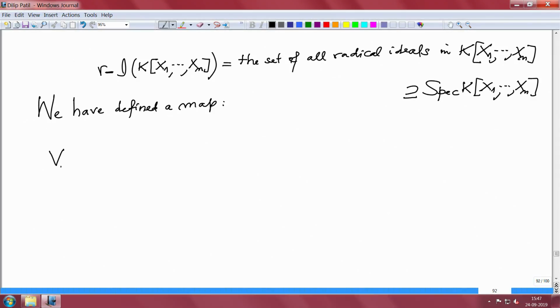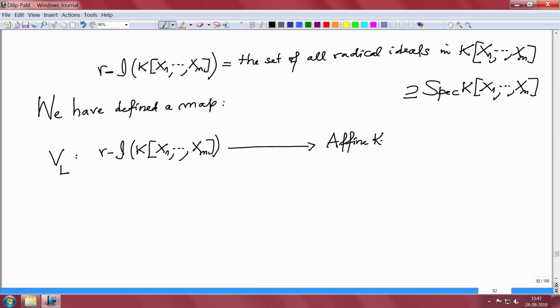V_L, this is a map from R.I. of k[x1, ..., xn], the set of all radical ideals, to affine K-algebraic sets.